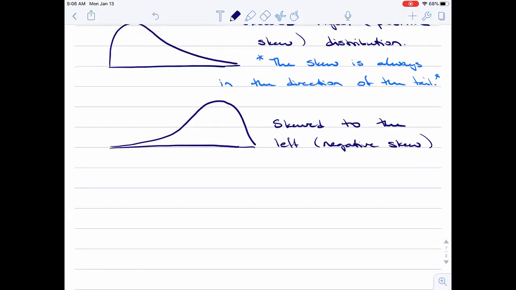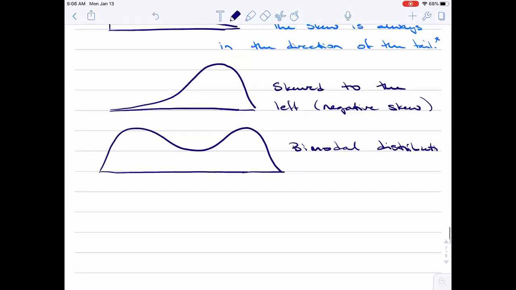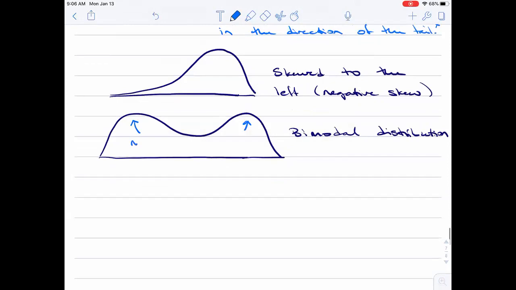The only other one that we might mention, although we already saw it, is something like this. This would be called a bimodal distribution, because these two humps, this is a mode and this is a mode.